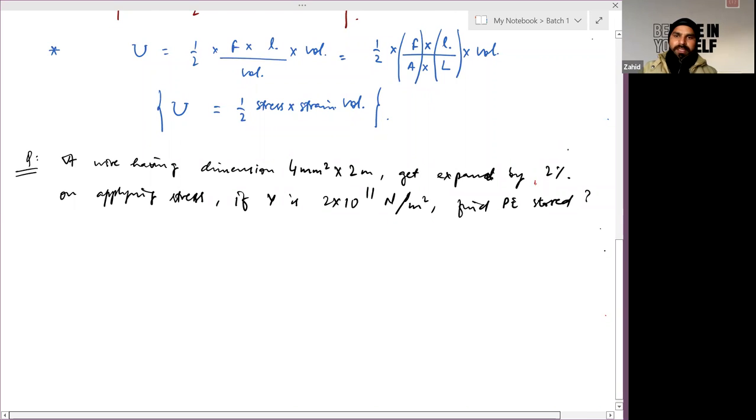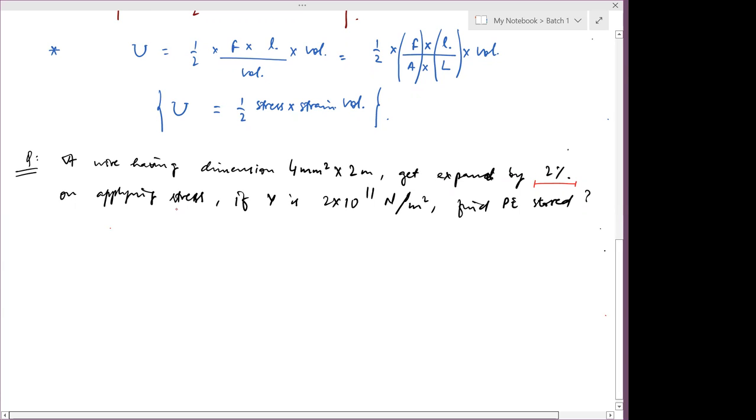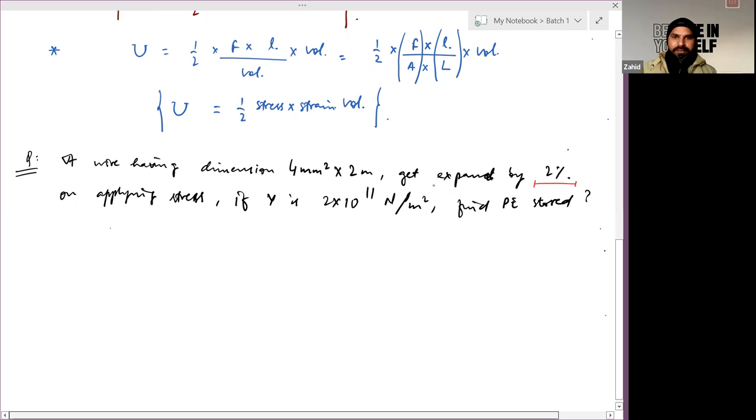Hamza, what do you mean by expansion of wire by 2%? Sir, the bulk modulus? No, simply, if in this question it is given percentage change in length, since it is expanding along length, it will be percentage change in length.